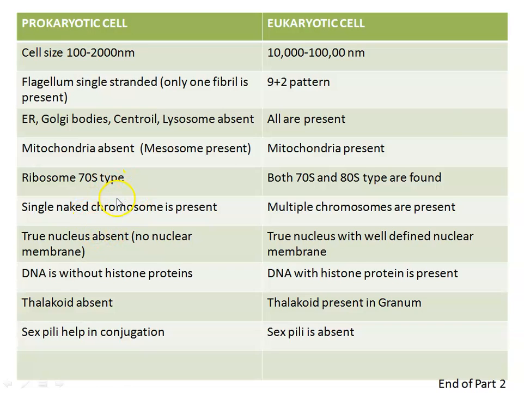Here the chromosome is present naked, it means it is not tightly bound and not surrounded by a nuclear membrane. In case of eukaryotes, multiple chromosomes are present, very tightly formed, well structured because of the presence of histone proteins. Here a true nucleus is present with a well defined nuclear membrane.